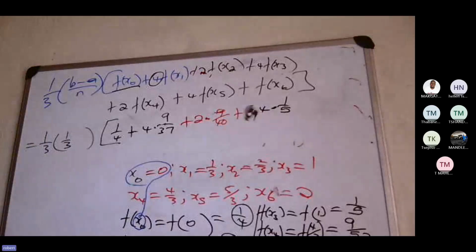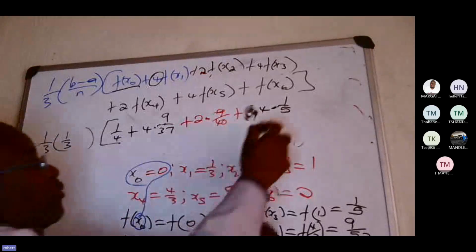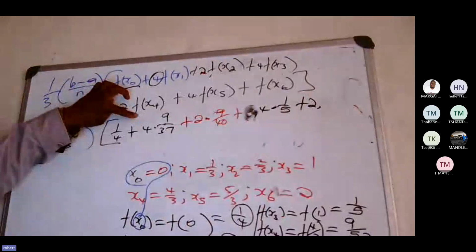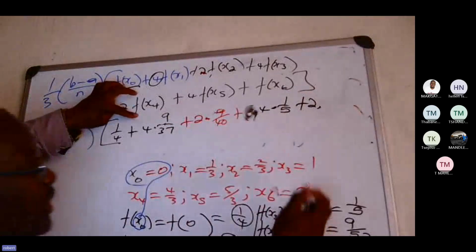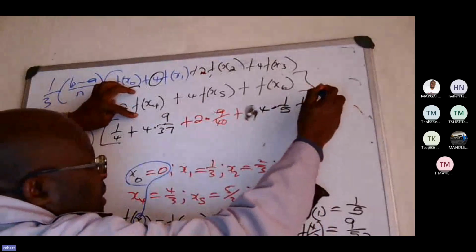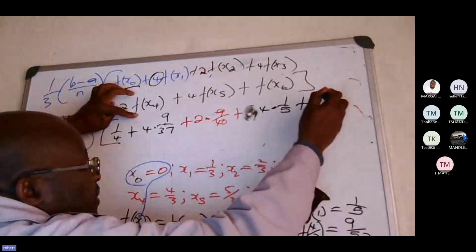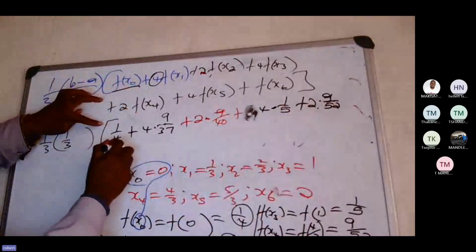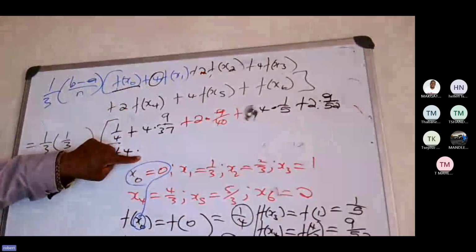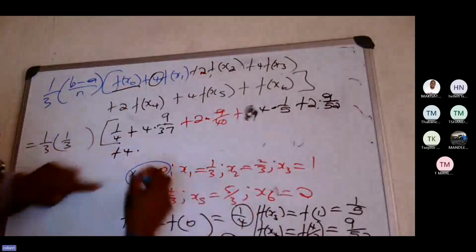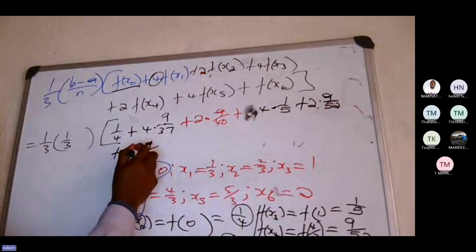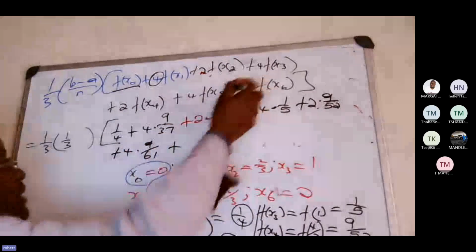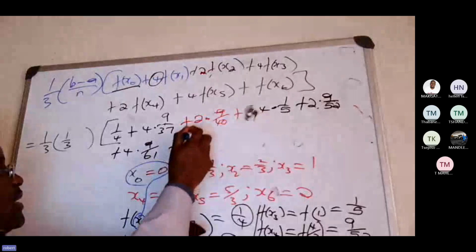Make no mistake. Now plus 2 by f of x4. f of x4 is 9 over 52. That's right. Plus 4 by f of x5. f of x5 is 9 over 61 plus this, which is 1 over 8.